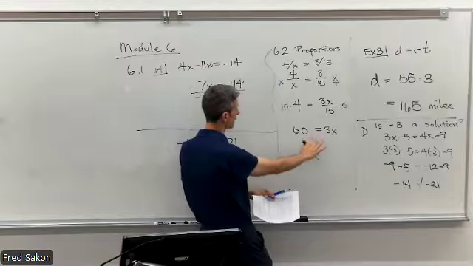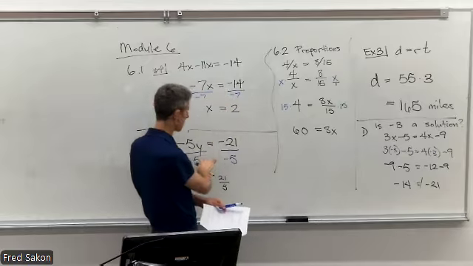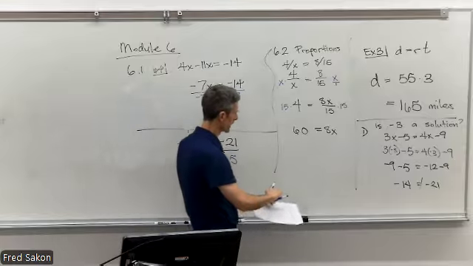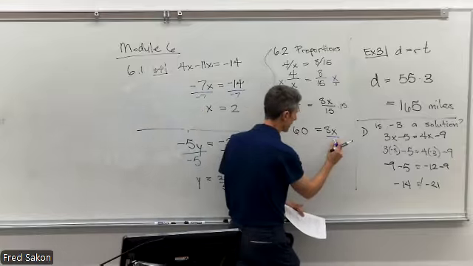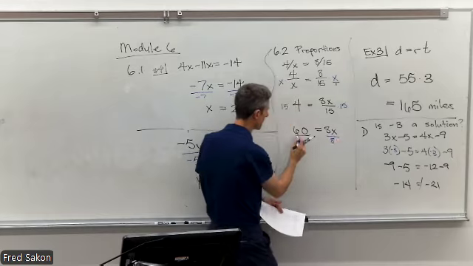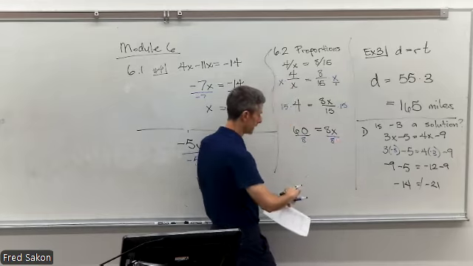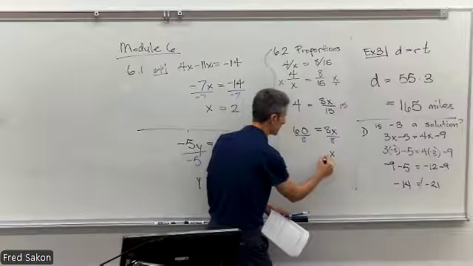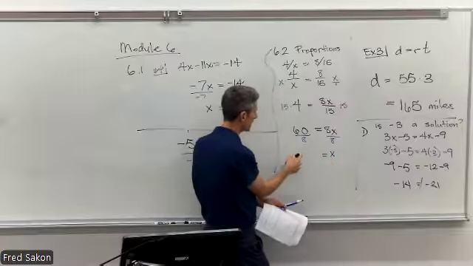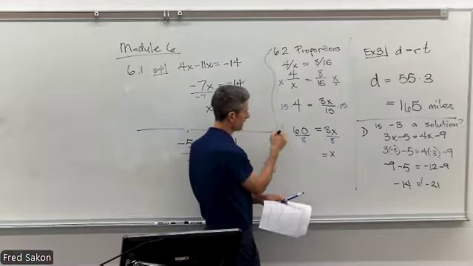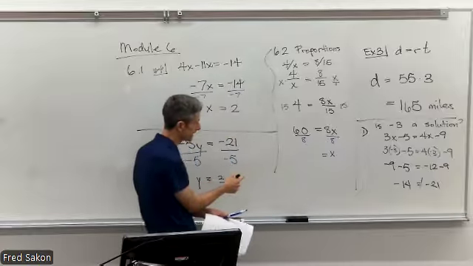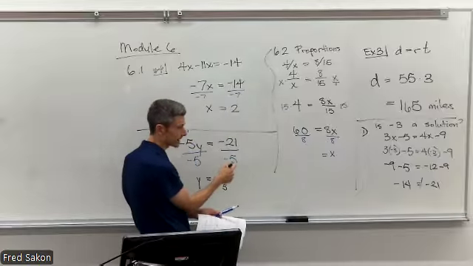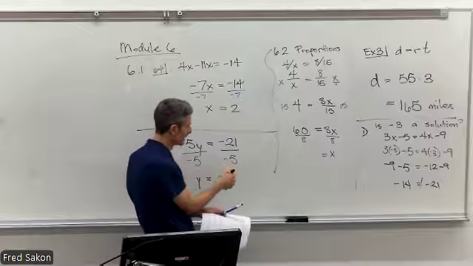Now I'm looking at one of those, like here or here. So I can say, okay, get rid of this times 8 by dividing it. And that leaves me with just x equals 60 over 8. Doesn't divide evenly, but I can see that there's some factors that they share.